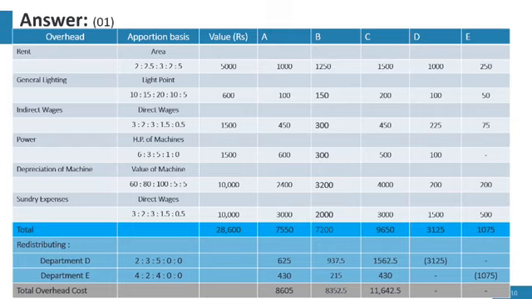So in summary, we first identify overheads. Second, we allocate and apportion cost to all departments. Third, we then redistribute service department cost to production departments. Finally, we use the total in production departments for cost calculation and pricing decisions.